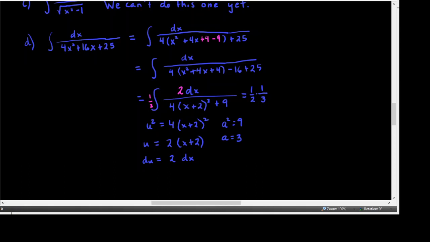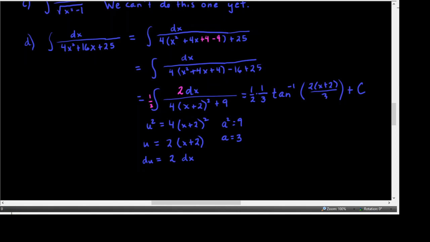And then 1 over a is the 1 over 3 inverse tangent of u, which is 2 times x plus 2, over a, which is 3, plus c.